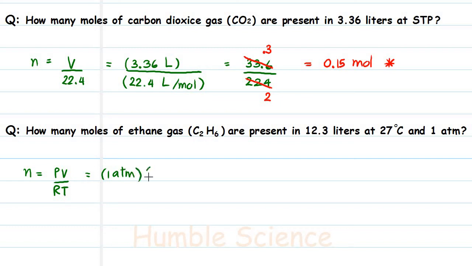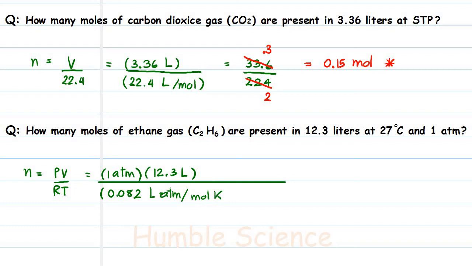And then V is going to be 12.3 liter. And the whole thing is divided by R, which is 0.082 liter atm per mole Kelvin. Alright, and then T, which is 27 plus 273, and it's going to be 300 Kelvin.